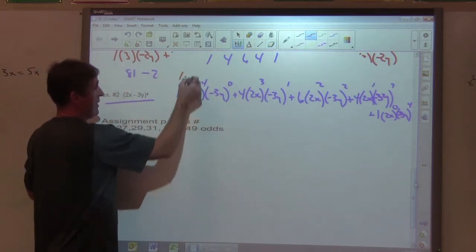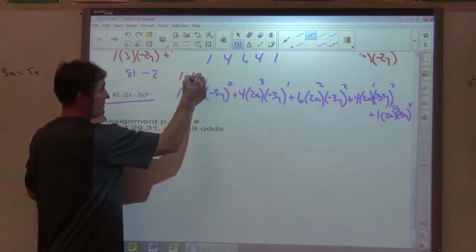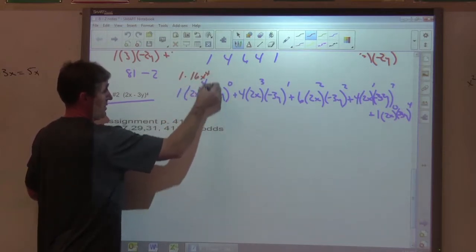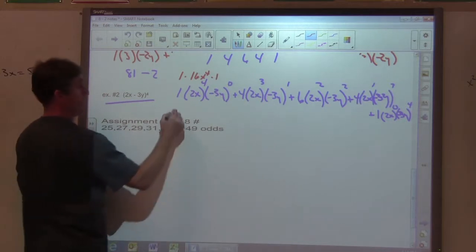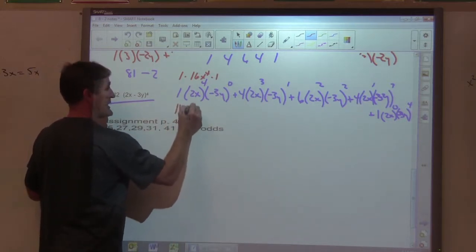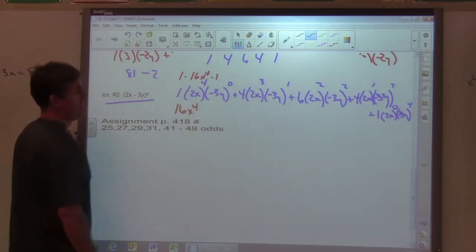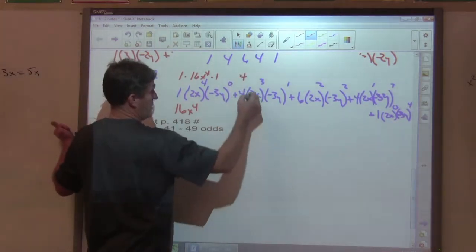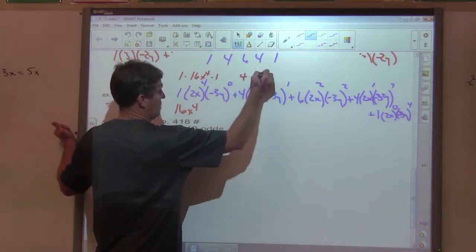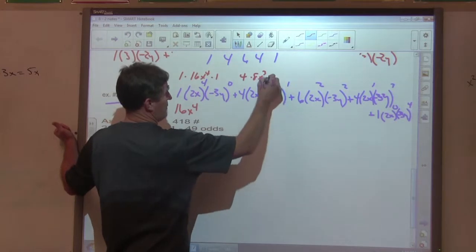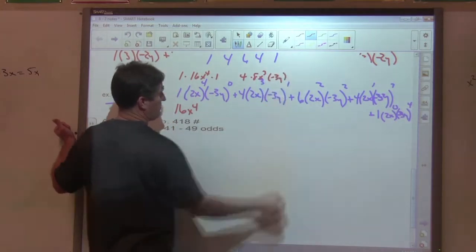So it's 1, 2 to the fourth is 16x to the fourth times 1. So our first term, you should have gotten 16x to the fourth. 4, 2 to the third is 8x cubed. Negative 3y to the first is negative 3y.